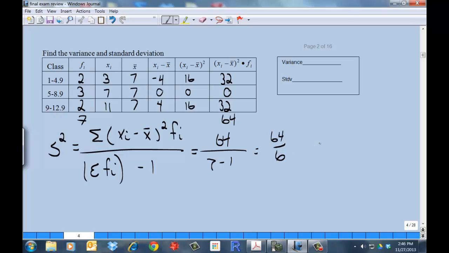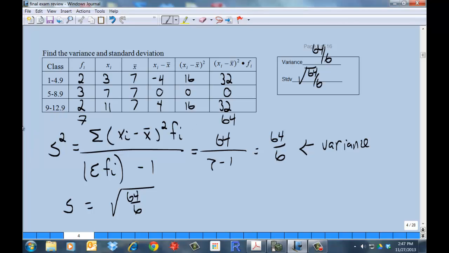And this number is the variance. Now remember to take the square root of the variance, gives us the standard deviation. So the variance is 64 over 6, and the standard deviation is the square root of 64 over 6.